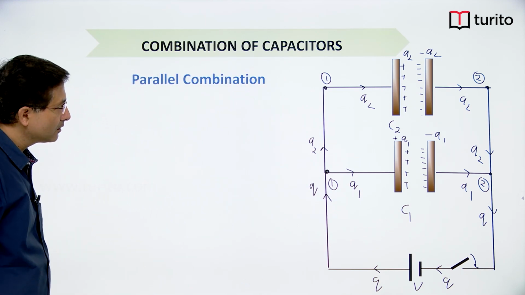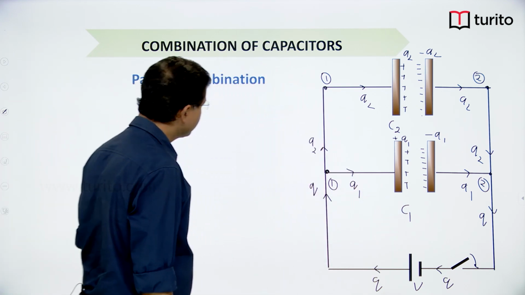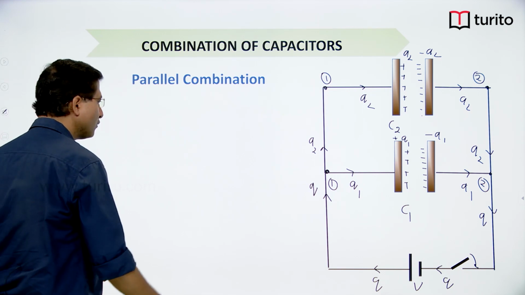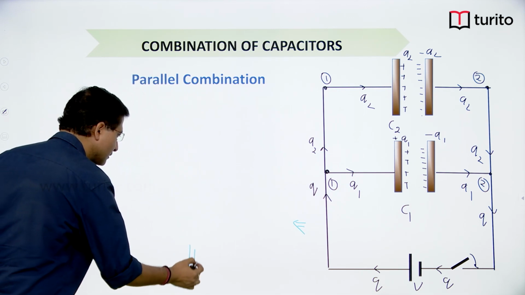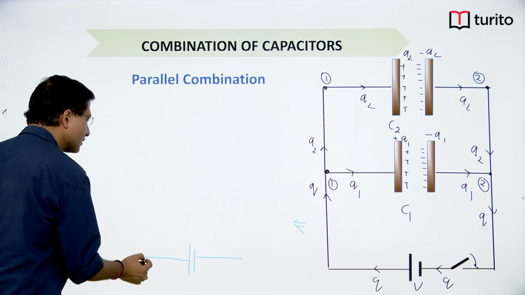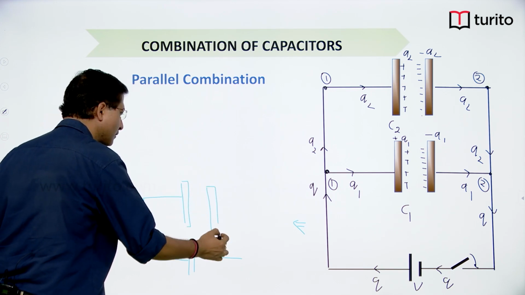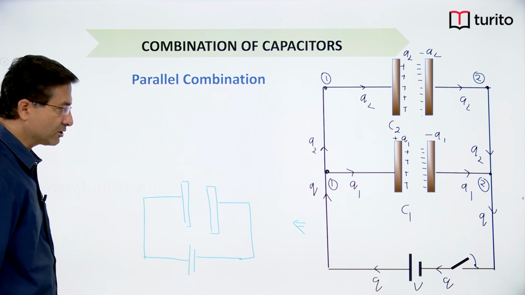Let us analyze the situation. Again, what do we want? We want to replace the whole arrangement by a single capacitor which gives me the same effect as given by these two capacitors in combination.